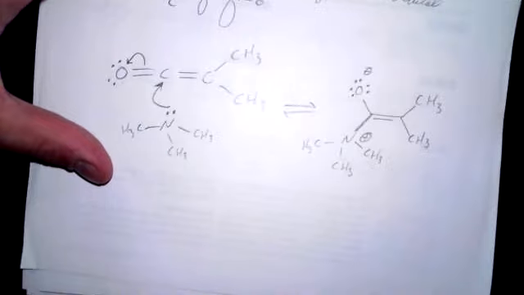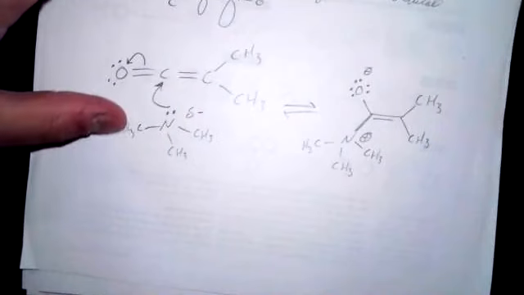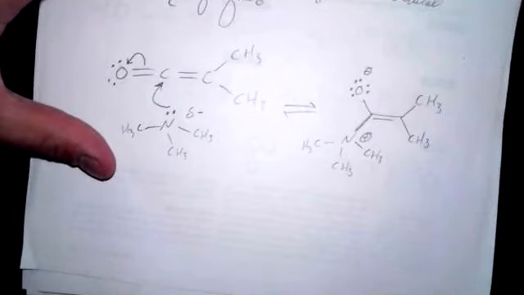Likewise, you can think of a lone pair on this nitrogen as being a partial negative charge, right? That nitrogen is electronegative and withdraws electron density from the methyl groups as well. So it's electron rich. And then this carbon, we all know how to draw resonance structures for carbonyl compounds like acetone. And if you draw that out, you'll see this has a delta plus.